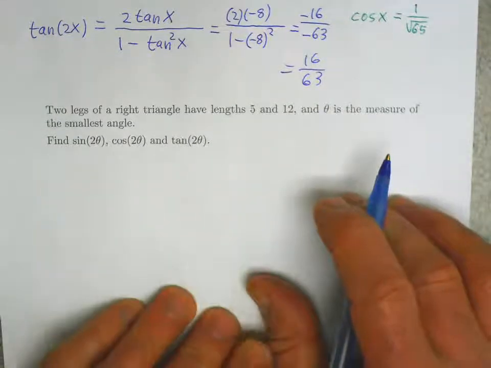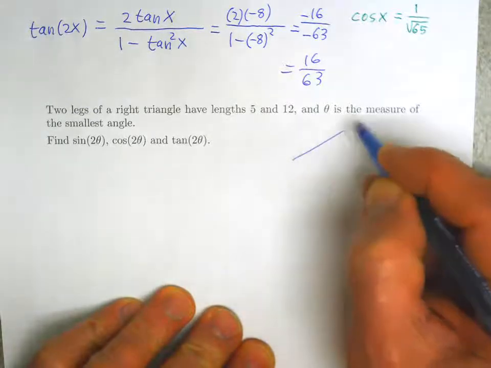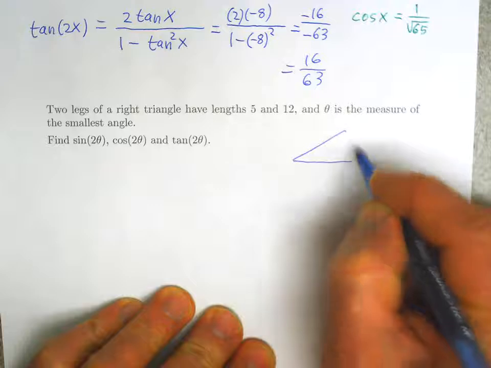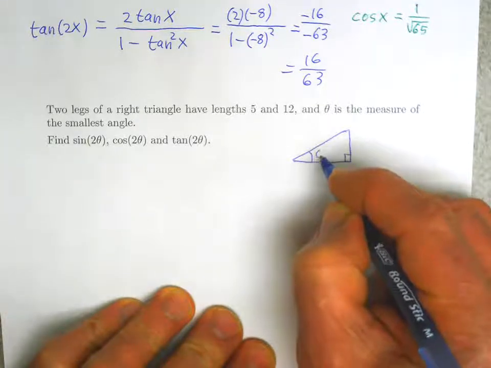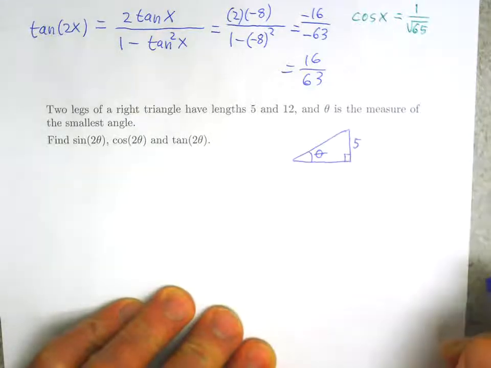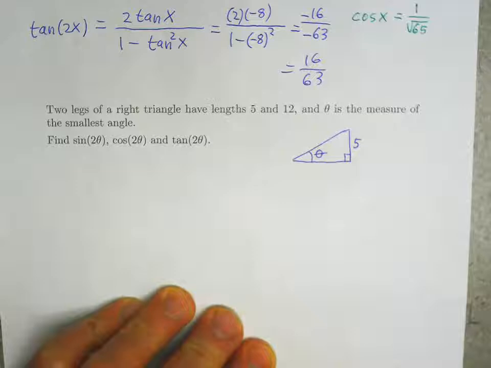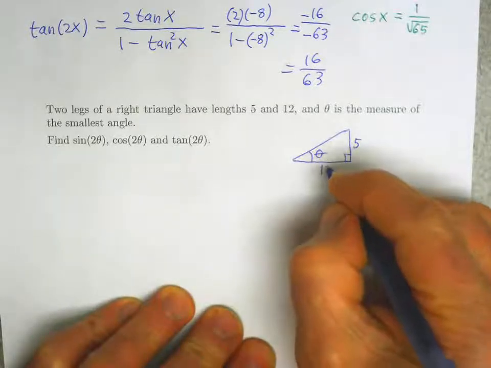So we can draw a right triangle. Theta is the smallest angle. 5 is the shortest side, so 5 has to be on the opposite side of theta. 12 is the length of the other leg.